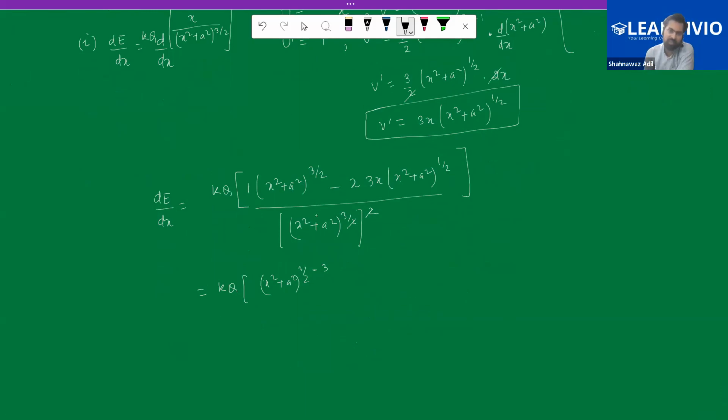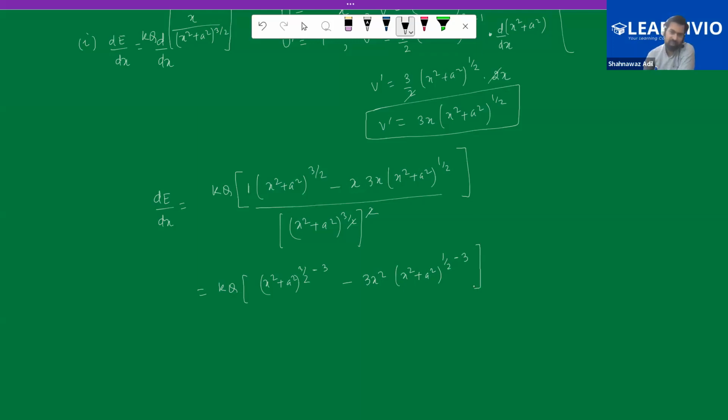Because we are writing it separately. So this one separately, this one separately. And this is 3x²(x² + a²)^(-5/2) minus 3. Is this thing clear to you?